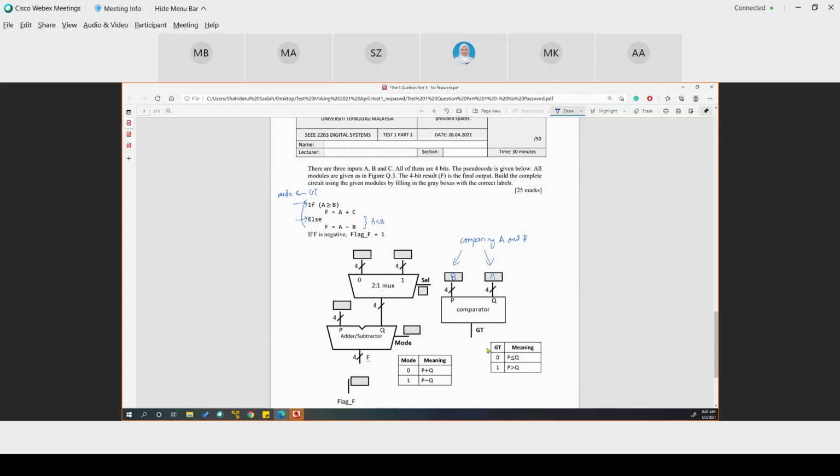Here we are checking whether it is less than Q, which means B less or equal. So this is not equal.